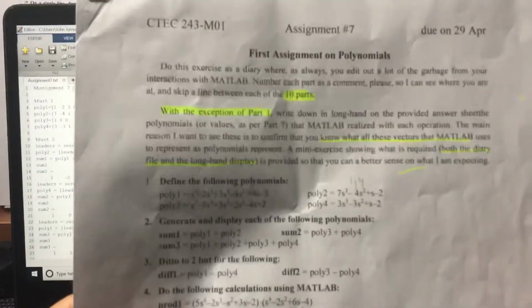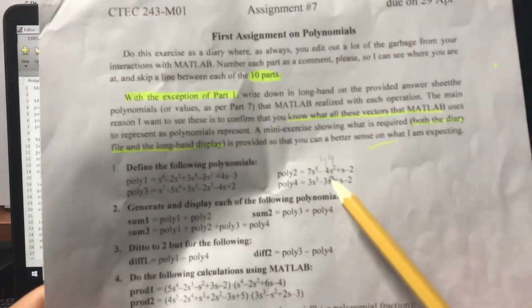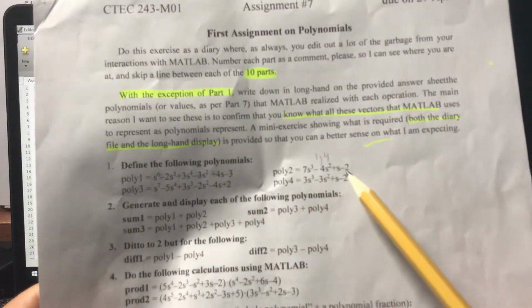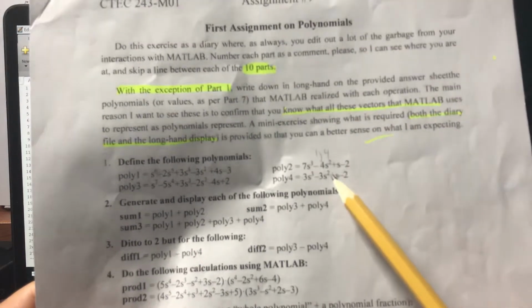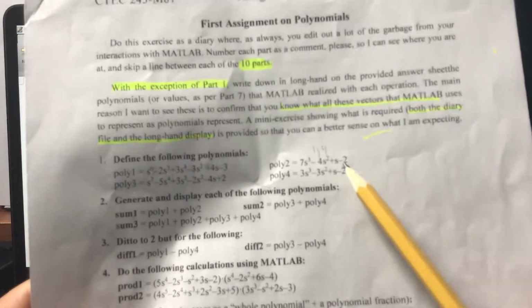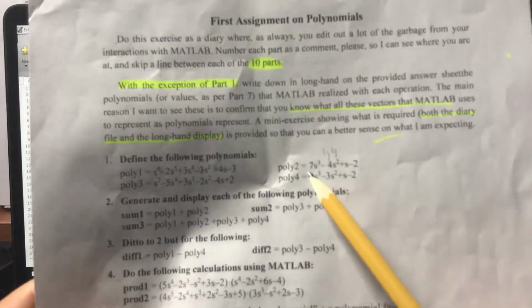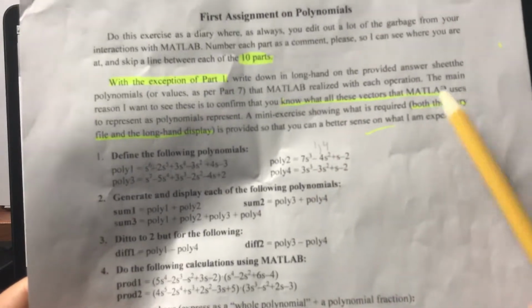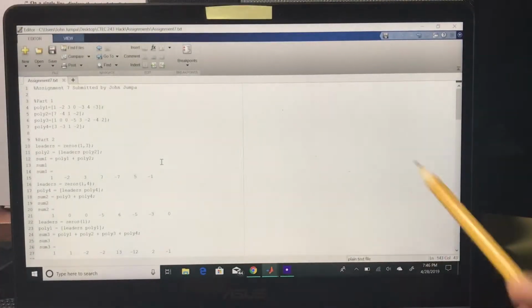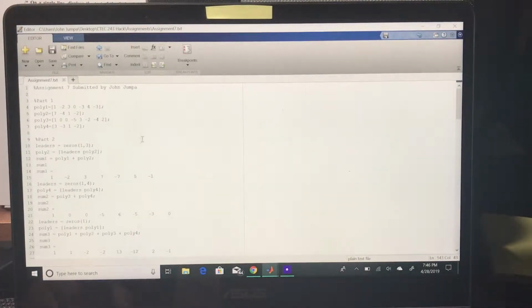Makes sense, because for poly 1 you're going to need 7, and poly 2 only has 4. 1, 2, 3, 4. 4 plus 3 is 7. So that's why you need to add them up. As you can see here, I did equals zeros 1, 3. Add the zeros.